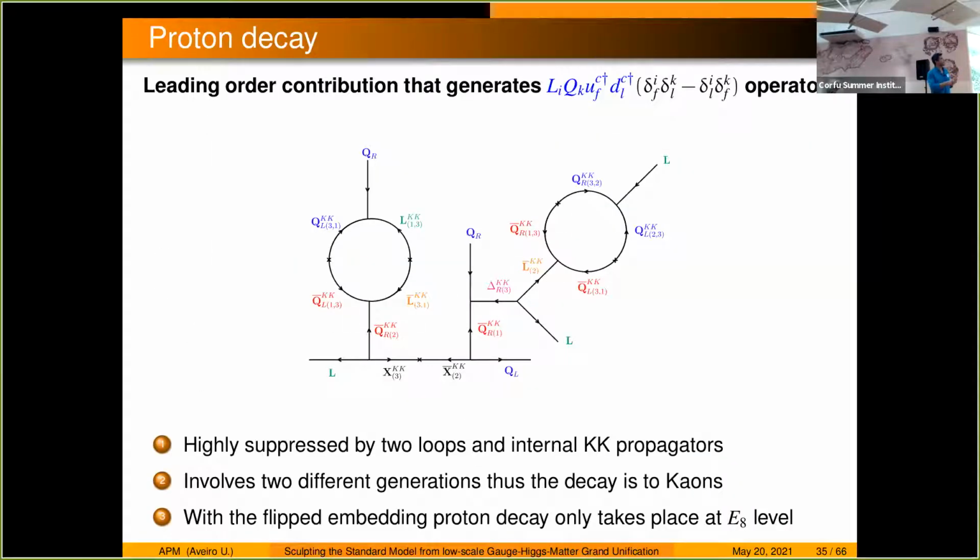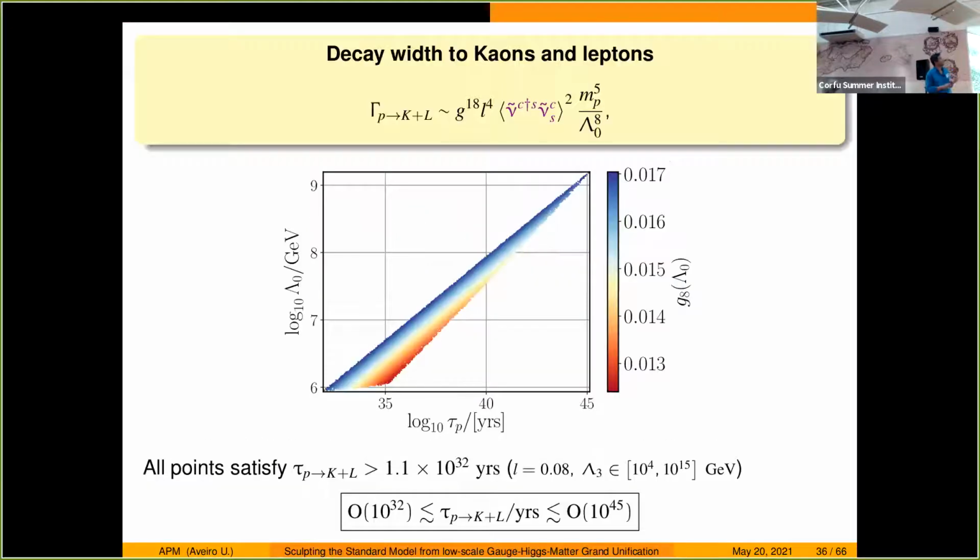And each vertex contributes one power of this gauge coupling. So when you calculate the decay width, you have this g to the power of 18, and also some loop suppression, L to the 4 because of those two loops. And you also have the unification scale to the power of 8 suppression, but this is not large.